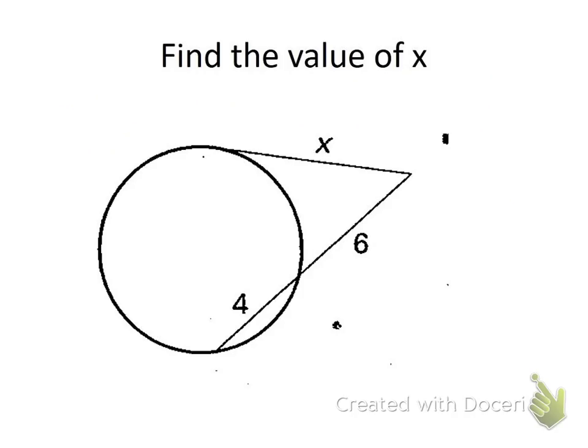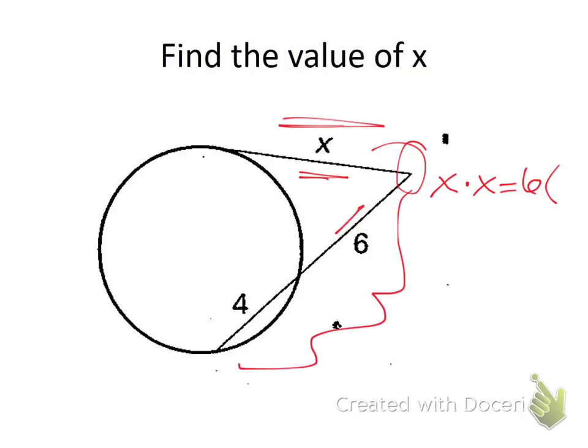Okay? So, for example, we're looking at a problem like this. So, intersecting outside, then we want to do outside piece, which is x, times the whole thing, which, hey, look at that, looks to be x again. Outside piece here is 6, times the whole thing, which is going to be 10, right?